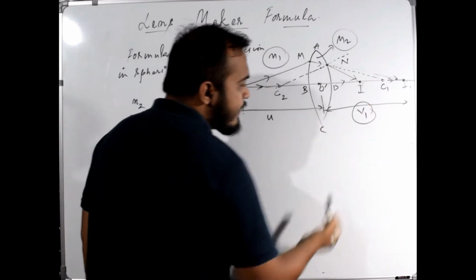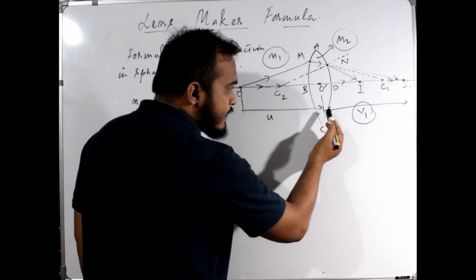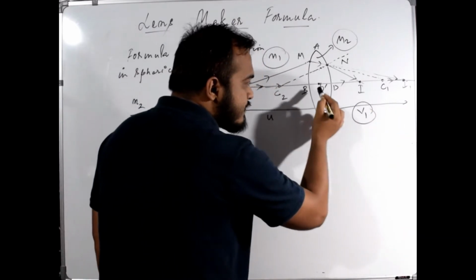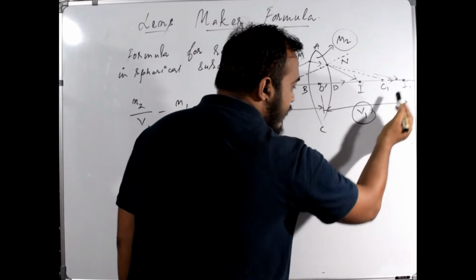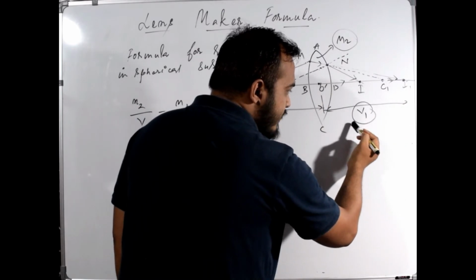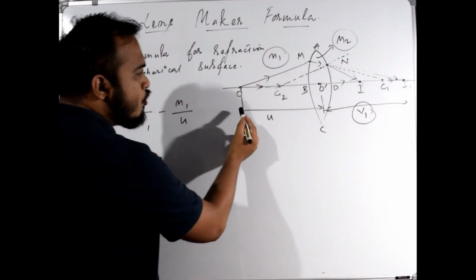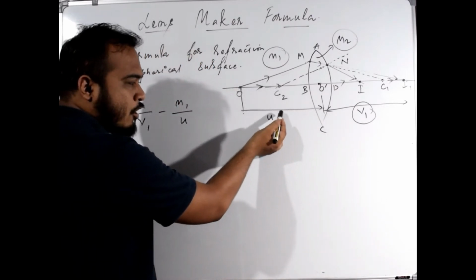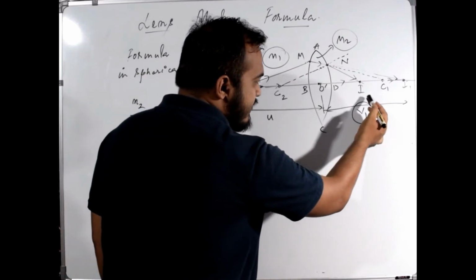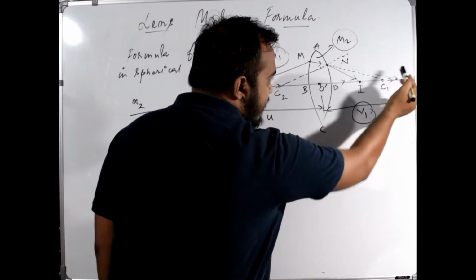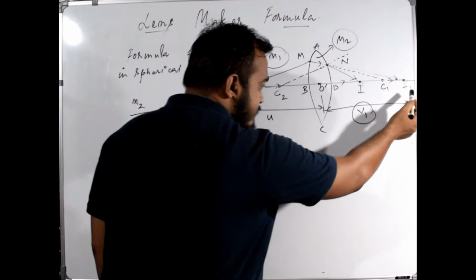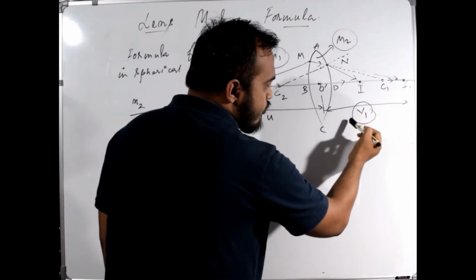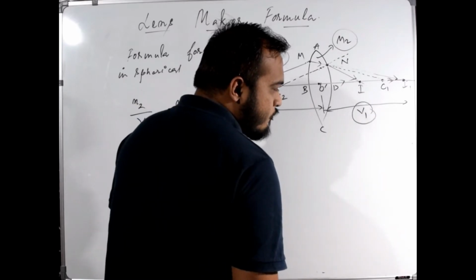The final image is I. The distance of O from O dash is U, the object distance, and this is the image distance, which is not the final image, so we consider it to be V1.